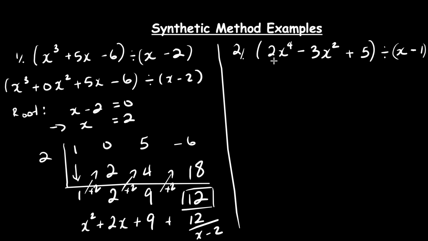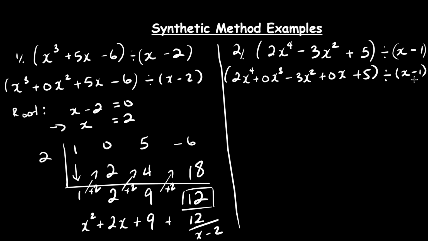This is our dividend, but again, we realize that we don't have that proper sequence of powers of x in our dividend. So we can rewrite that dividend to read 2x to the 4th plus 0x cubed minus 3x squared plus 0x plus 5 divided by our x minus 1. That's what we need in order for this to work, right?